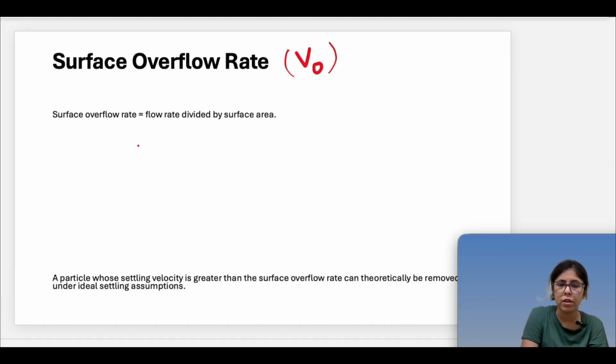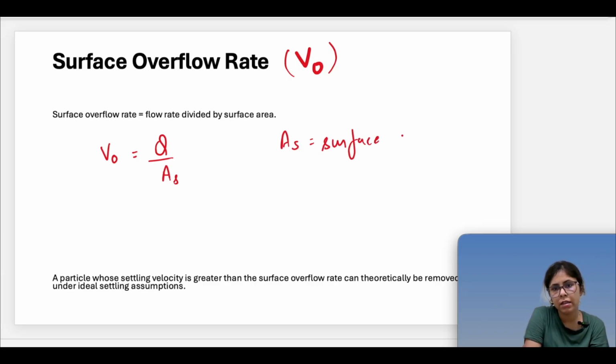So V naught is equal to whatever discharge came divided by whatever the surface area is. Q is the discharge, AS is the surface area.